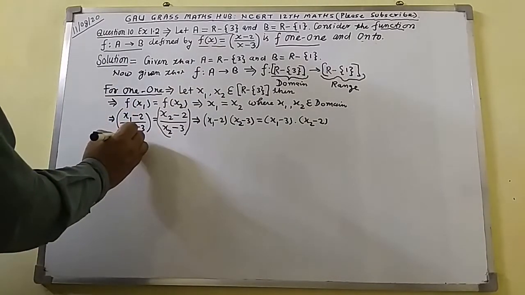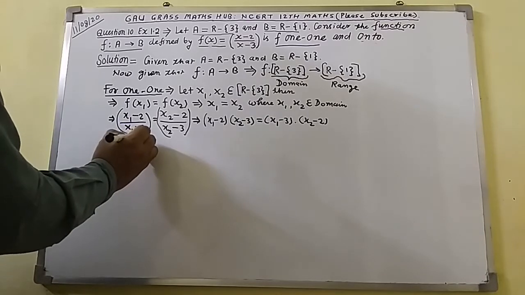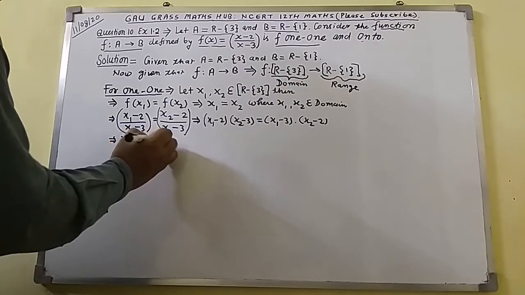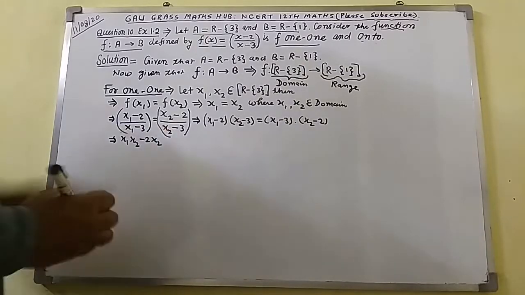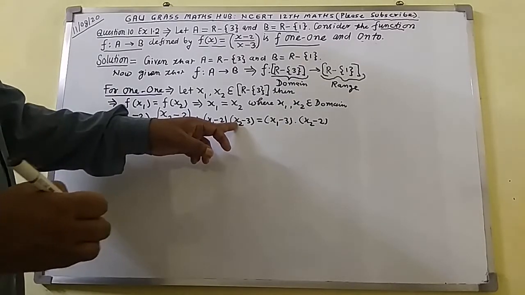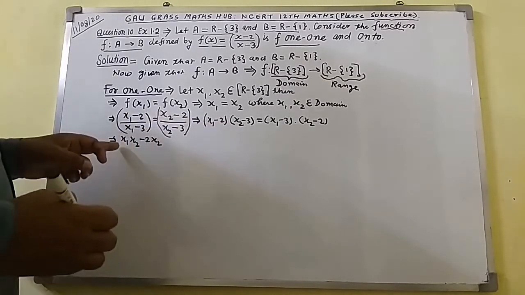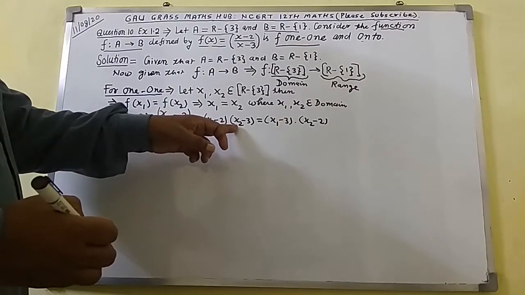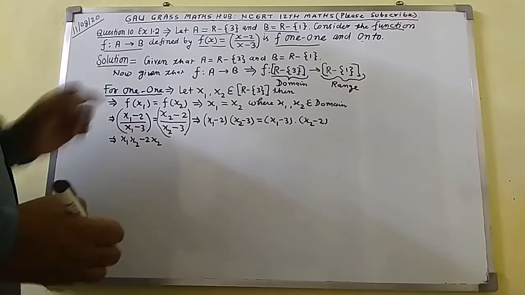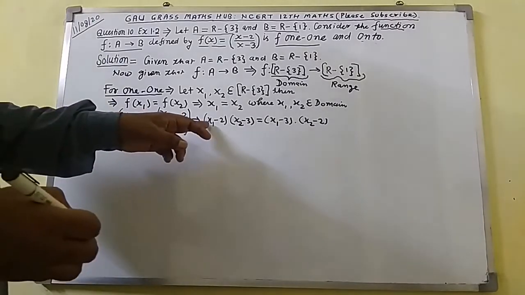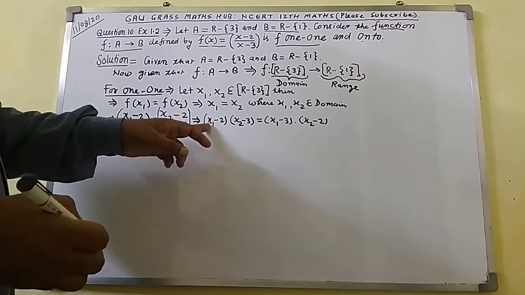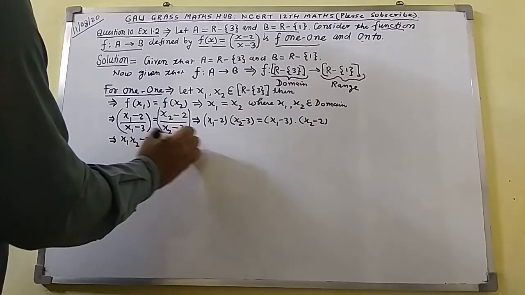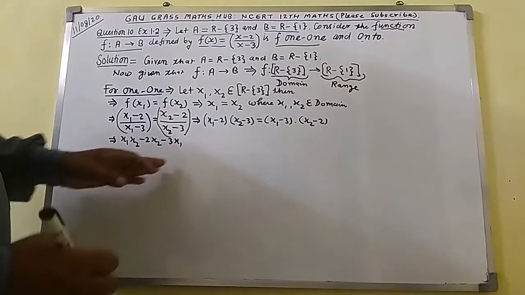So here we will get x1 x2 minus 2 x2. x2 will multiply to x1, we will get x1 x2, and minus 2 will multiply to x2, we will get minus 2 x2. Now again x1 will multiply to minus 3, we will get minus 3 x1.